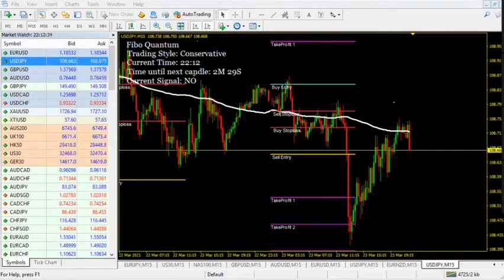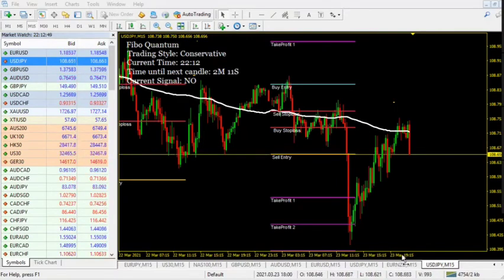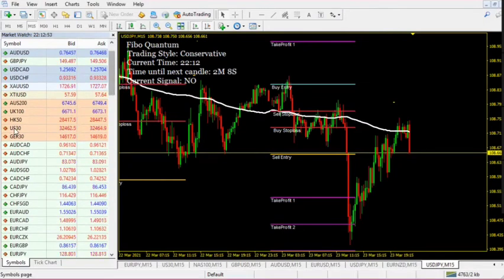Be sure to understand that, because some people lose because they over-leverage and over-risk, and they get taken out by the retracements in the market, even if they're correct on the direction.